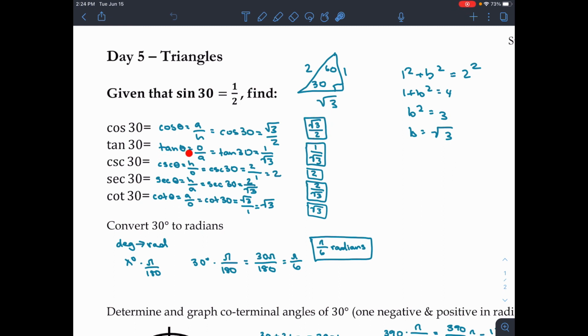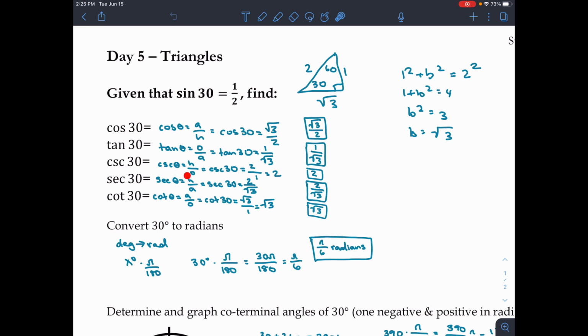Next is tangent 30. Tan is opposite over adjacent. So we go to 30, the opposite is 1, the adjacent is root 3, so tan 30 equals 1 over root 3. Next is cosecant, hypotenuse over opposite. So we get 2 over 1, which is 2. That would be cosecant 30.